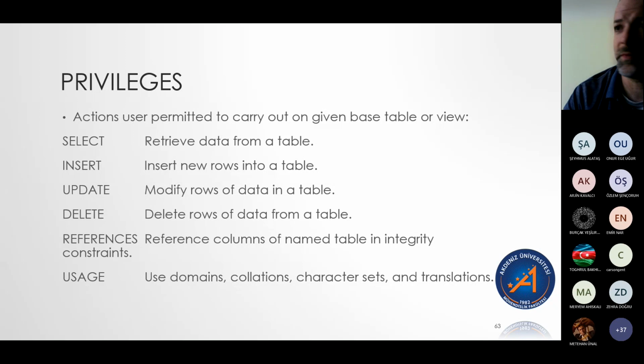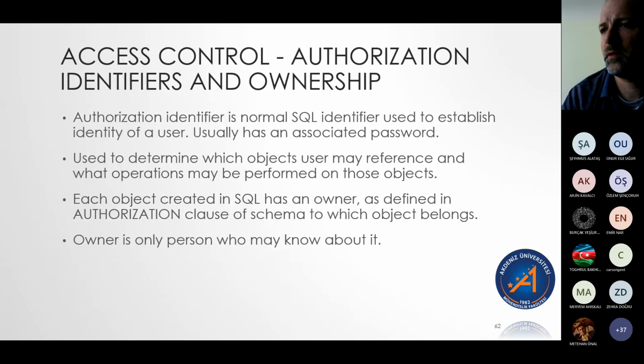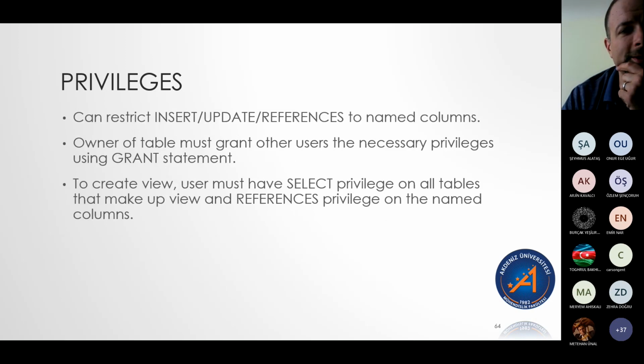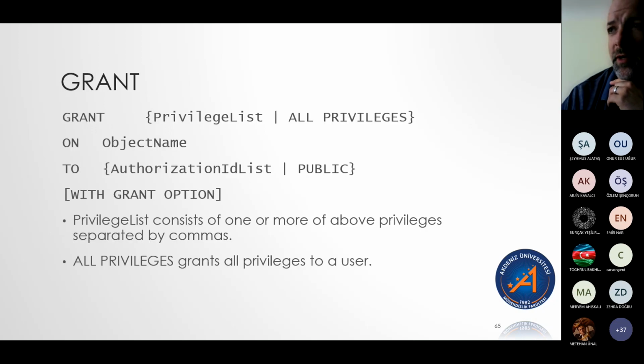The way that we give privileges is we grant privileges. We can either give a list of privileges, or we can say all privileges, which would be all of them, basically.